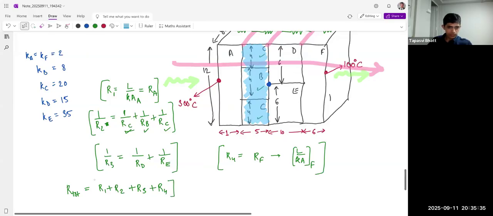This is our total. And they're asking for Q dot. So Q dot total is delta T over R total, which is 300 minus 100 over R total.